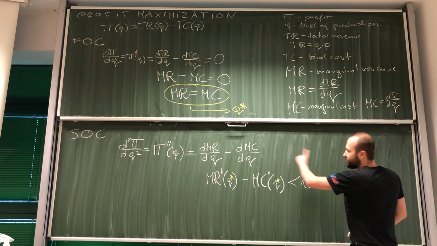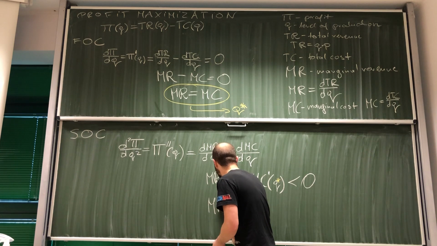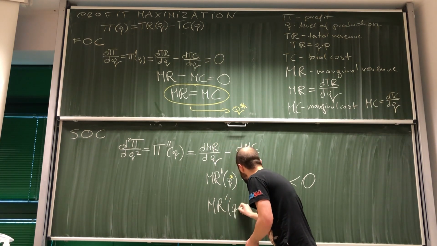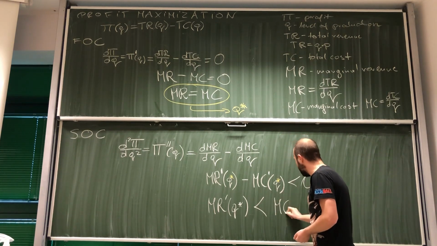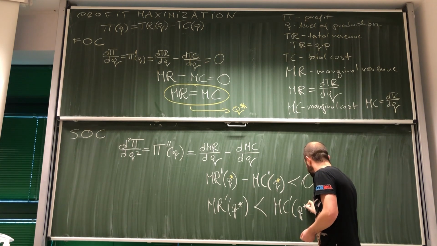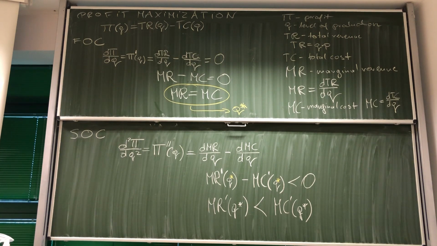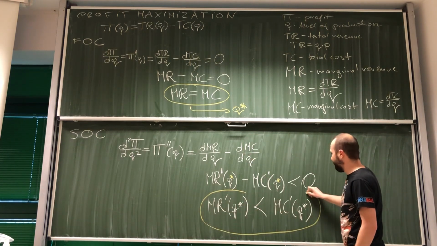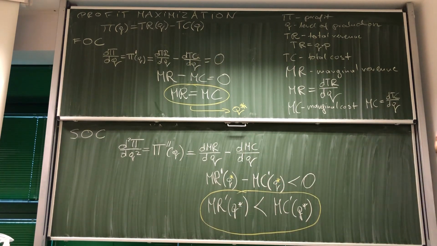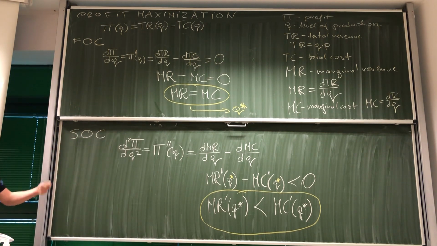And again, I can transform this a little bit, and I get that marginal revenue prime at q with asterisk should be smaller than marginal cost prime at this particular point. If this condition is fulfilled, we already know that at this particular point, we can find the level of production that maximizes profit.